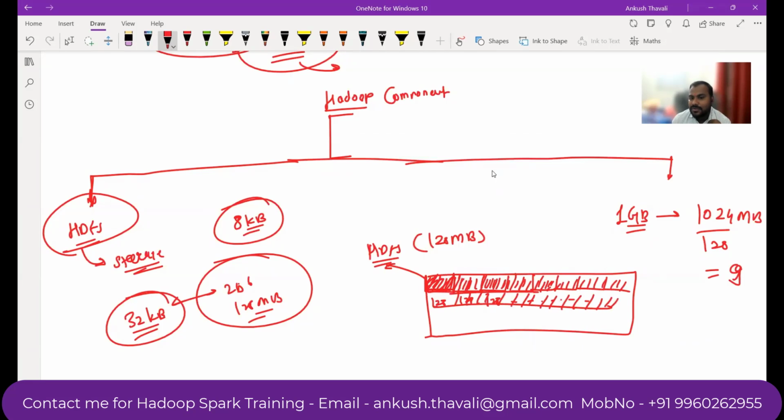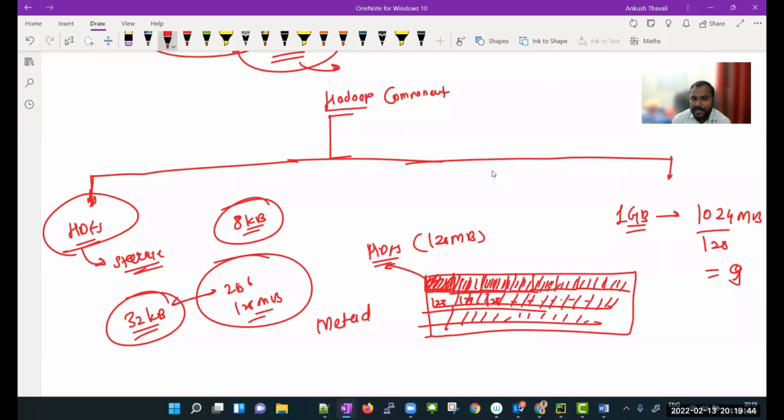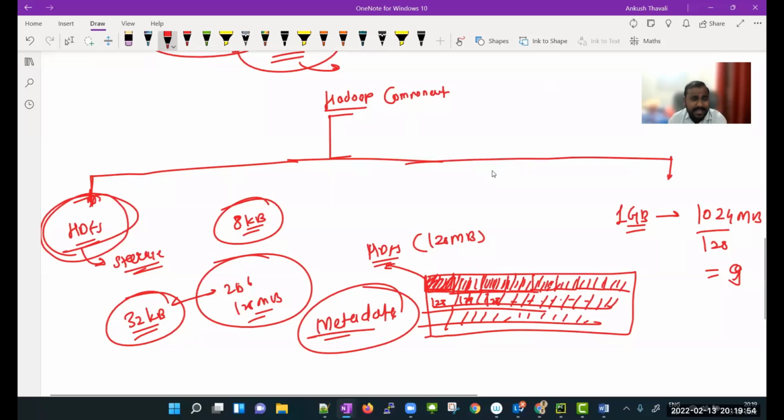And when it consumes a lot of blocks, if you are not using HDFS, there will be a huge amount of metadata and your processing will be really slow. In that case, HDFS plays an important role. There are many things in HDFS, but in one session it is not possible to cover each and everything.